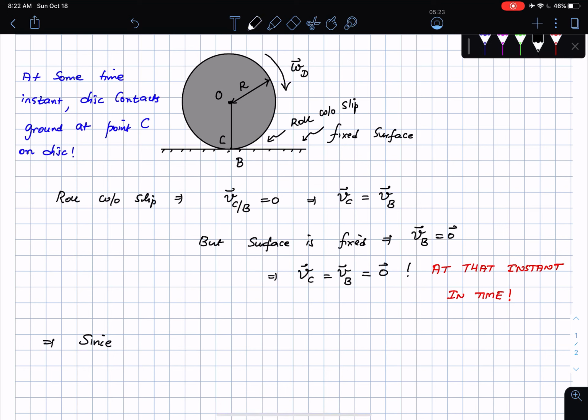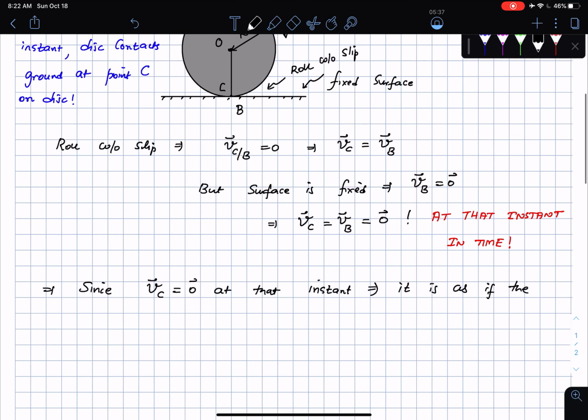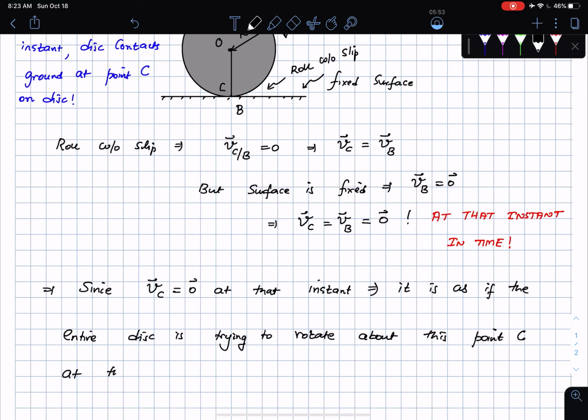Since the velocity of C is 0 at that instant, it is as if the entire disk is trying to rotate about this point C at that time instant.